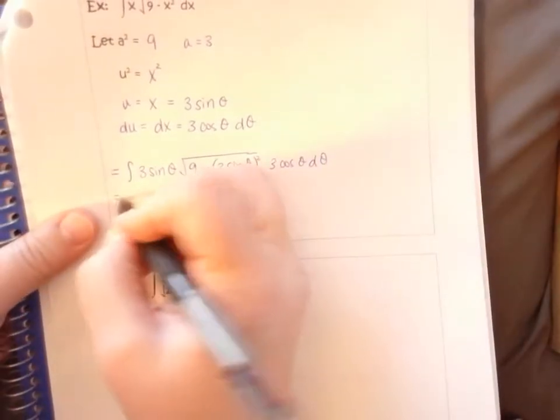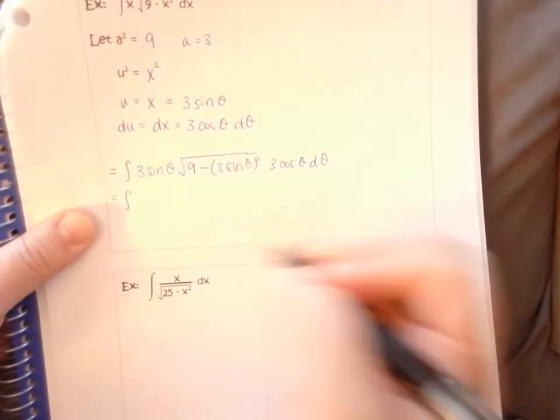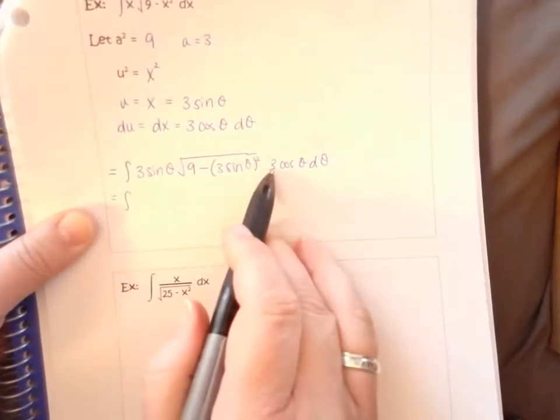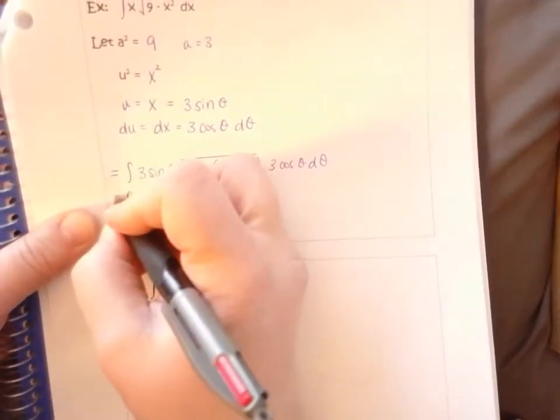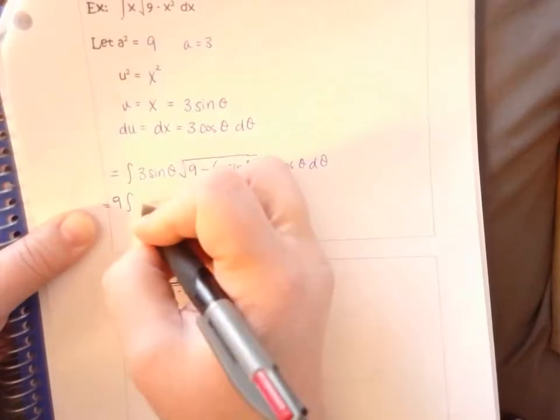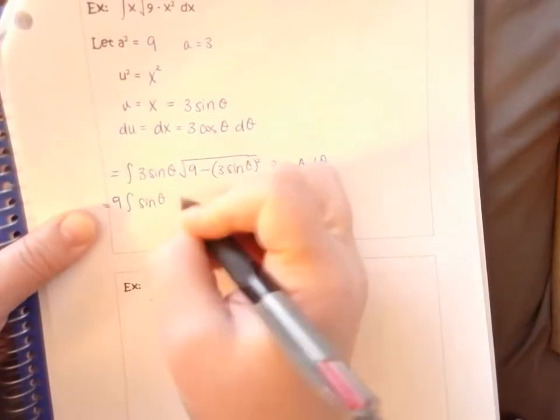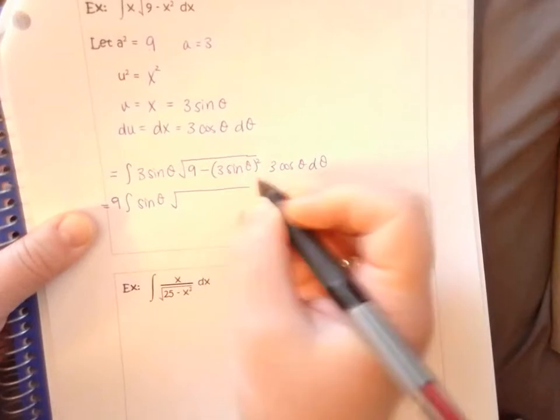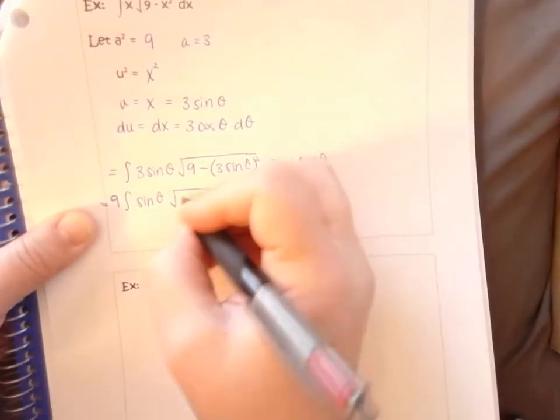All right, I'm going to clean up just a little bit here. I've got 3 and 3, which makes 9, so I'm actually going to bring that out front. And I'm going to simplify this part of my radicand.